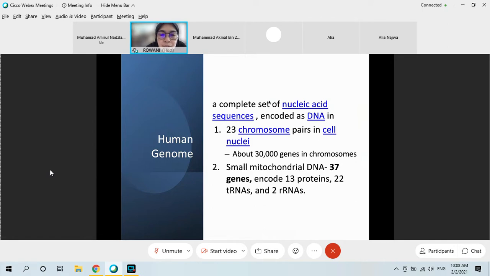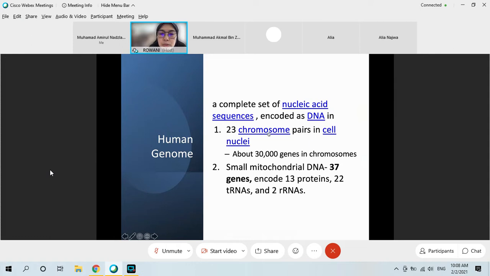If you open your journals or read the papers, whether academic or general, there is always a mention of the human genome. Simply, it is a complete set of nucleic acid sequences, encoded as DNA, present in your nuclear chromosomes in your nucleus.